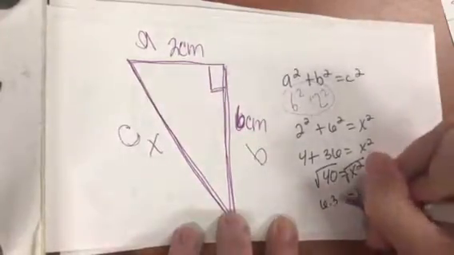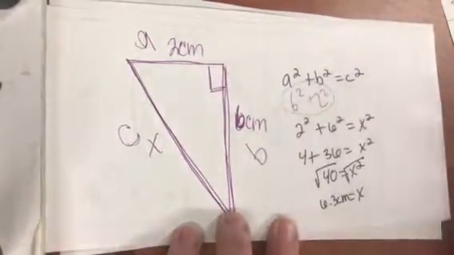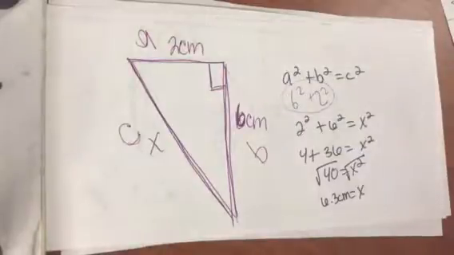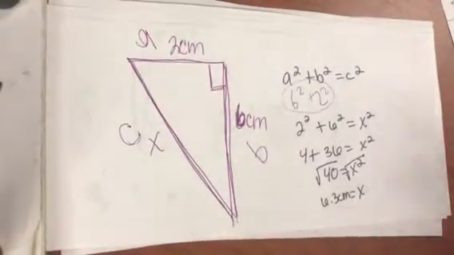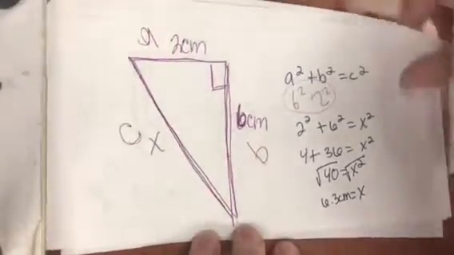I'm just rounding to the nearest tenth. So if you have a calculator and you're like, but Miss, it's 6.32455, yes, I understand that. Remember when we did irrational numbers? All of our non-perfect squares were irrational. They're going to go on forever and ever, so just round. So 6.3 centimeters. That was easy.